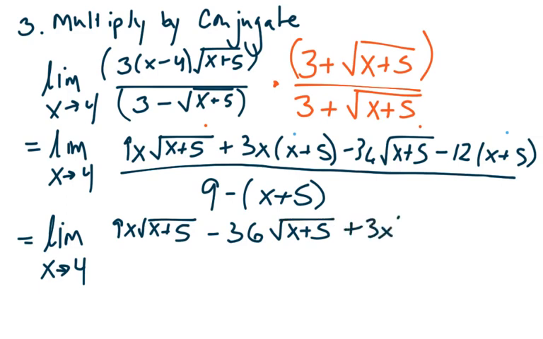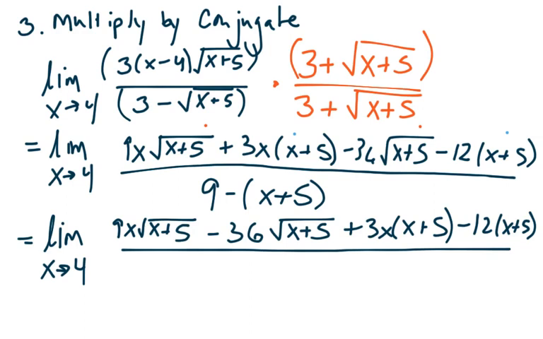Notice that the denominator simplifies down into 4 minus x. So I'm going to use a trick called factoring by grouping. Hopefully you've seen this in a previous algebra class.